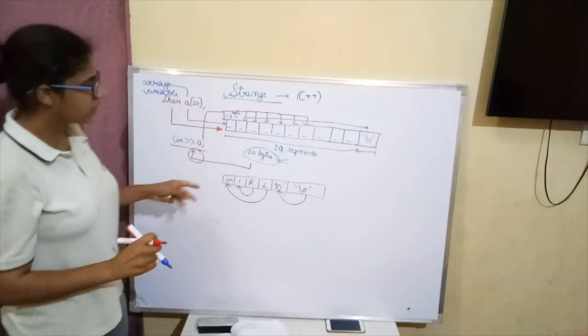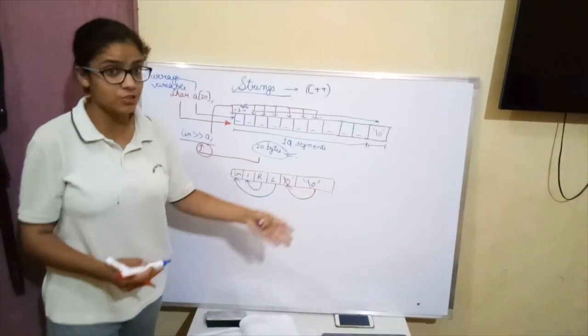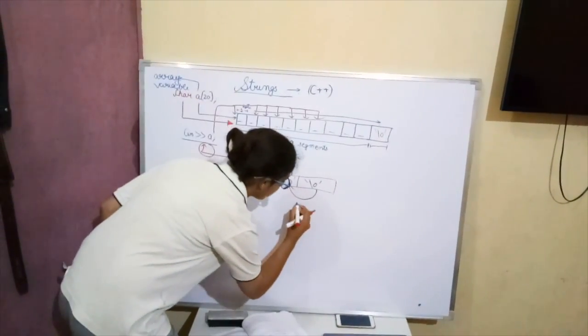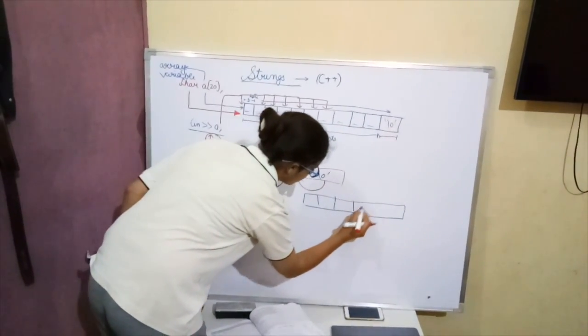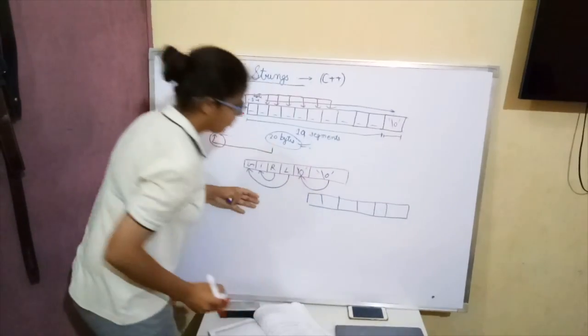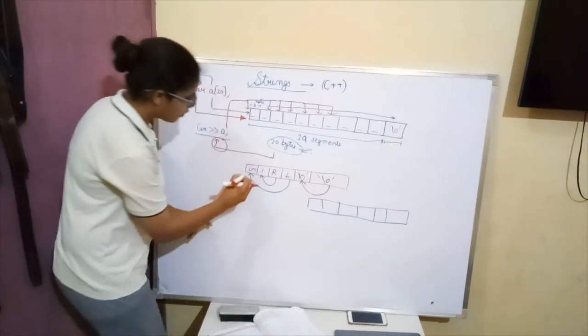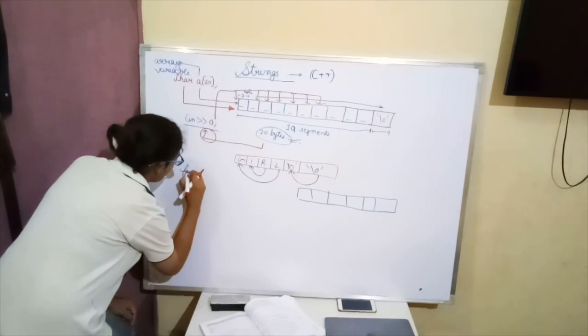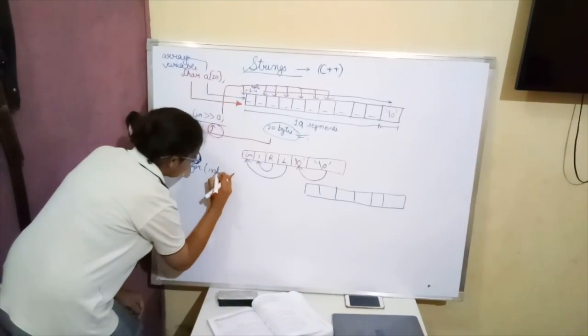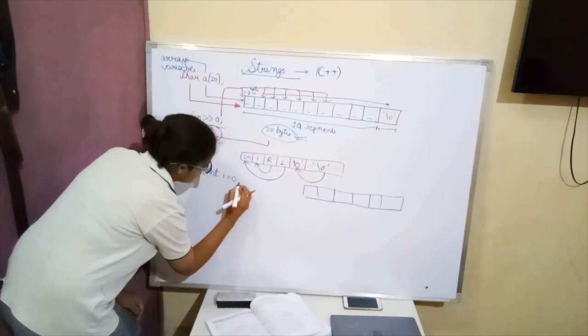In the program which we have discussed today, we have created another array type variable. So basically what will we do? We will take a loop. Let's say I write the loop for integer type i equal to 0.